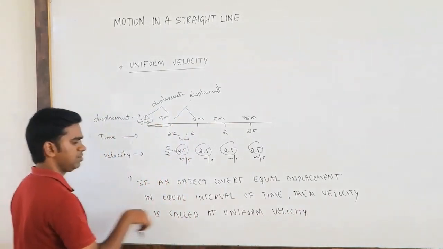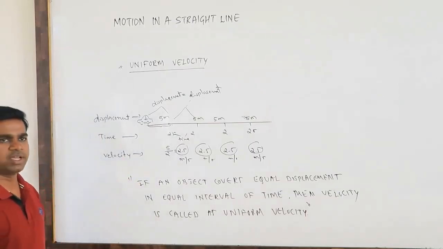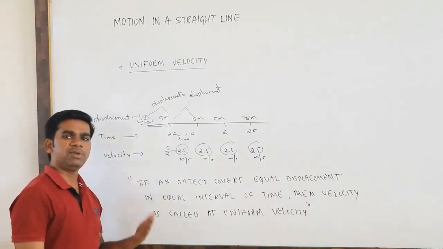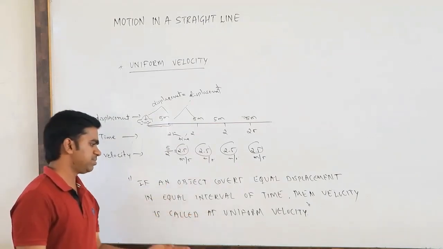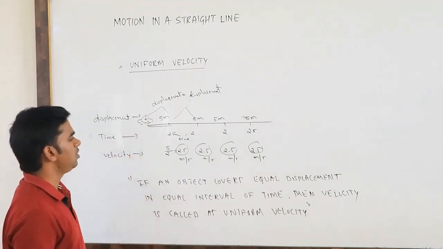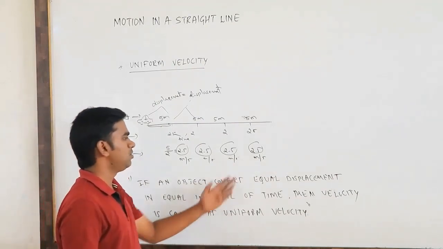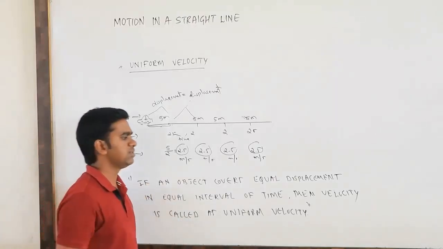Okay, so in uniform speed, equal distance in equal time. In uniform velocity, equal displacement in equal intervals of time. That is what uniform velocity is. I'm not going to solve more problems on this one because I have discussed the same in speed.